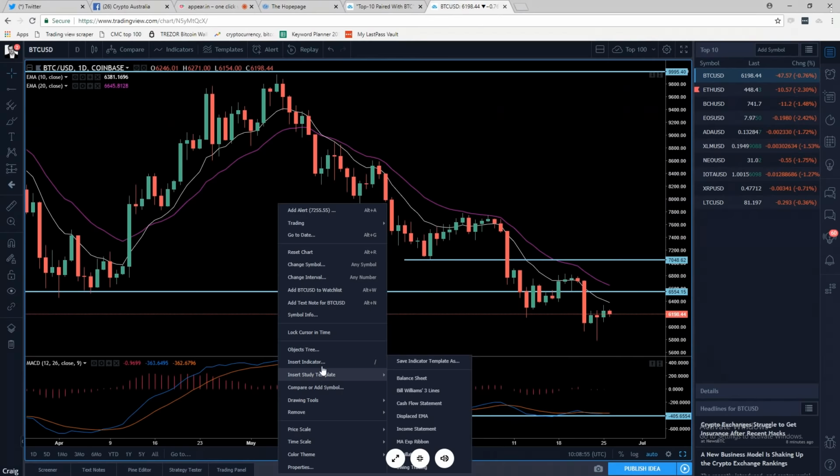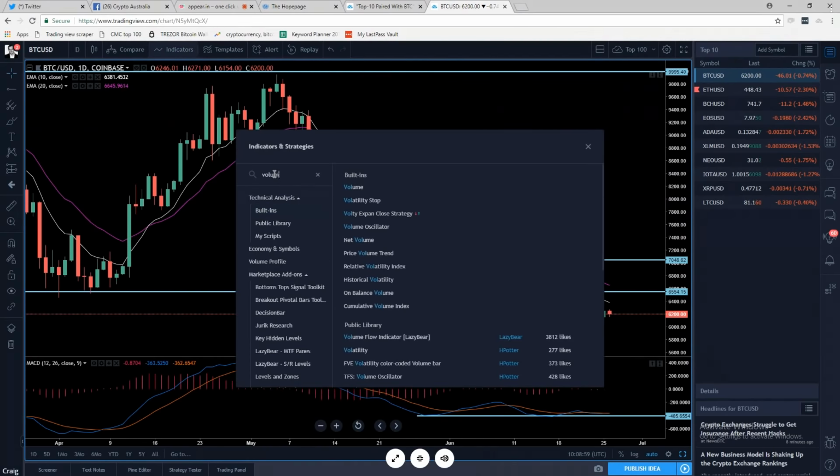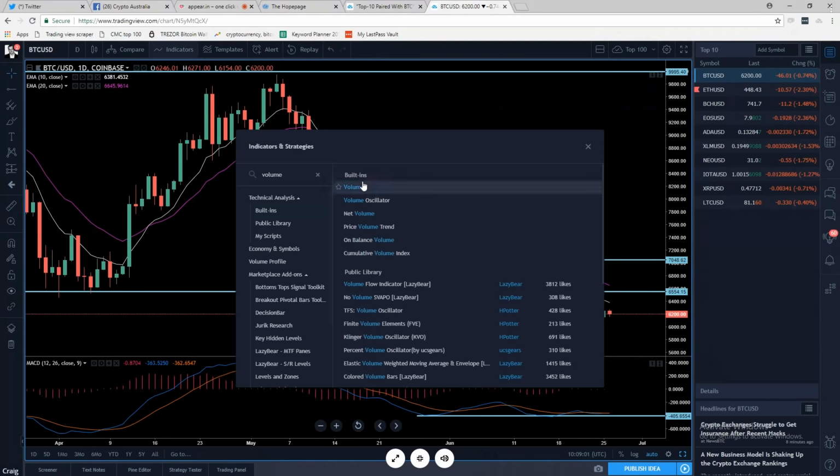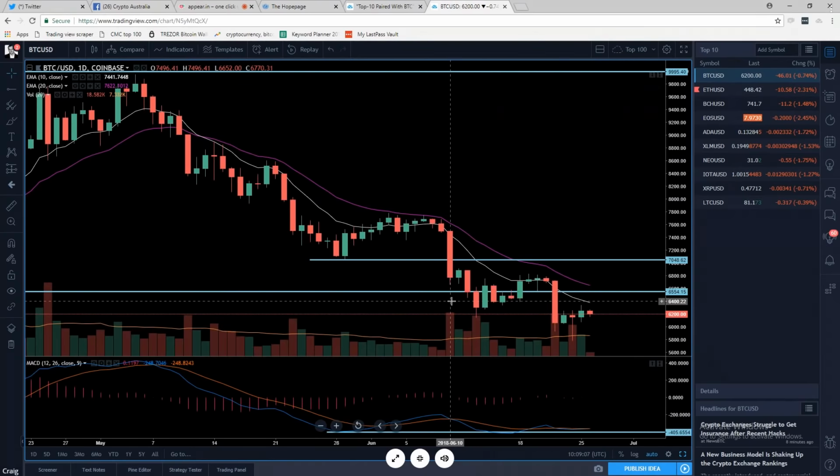Let's throw volume in. I don't trade volume, but like I was saying before, Alex, I do keep an eye on it for certain events. Look at the seller volume, much bigger, isn't it? Coinbase hasn't always had the most accurate data, but I think that's pretty similar to the other exchanges I've been looking at.